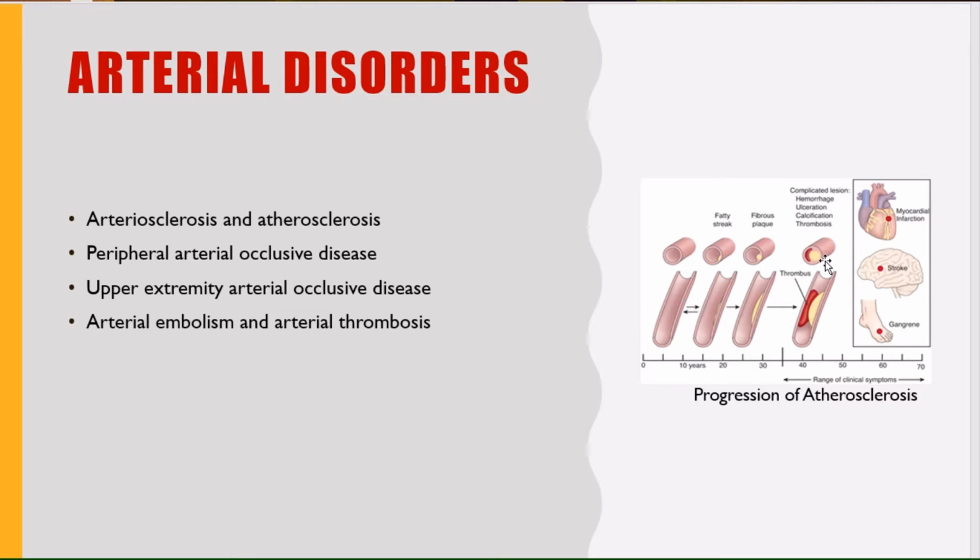Peripheral vascular disease, mainly we're talking about the upper and the lower extremity, but arteriosclerosis can happen in different parts of the body wherever the arteries are. Like the common problems you may hear are having a heart attack or a stroke, when it affects the heart and the brain.